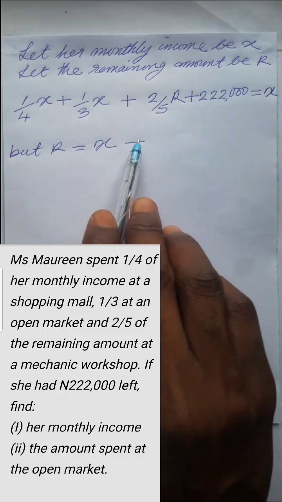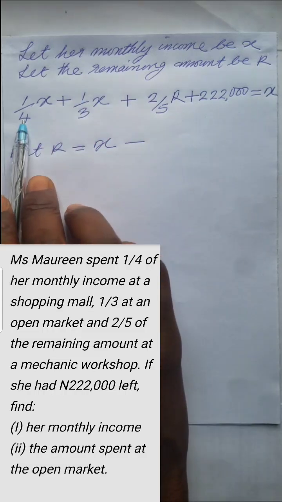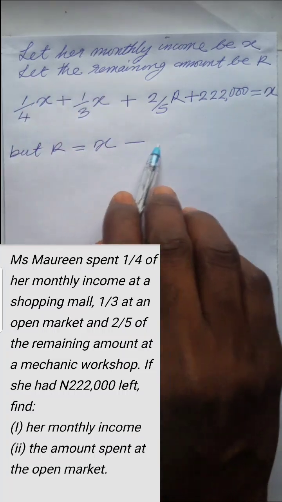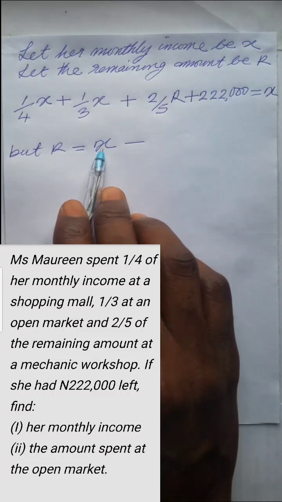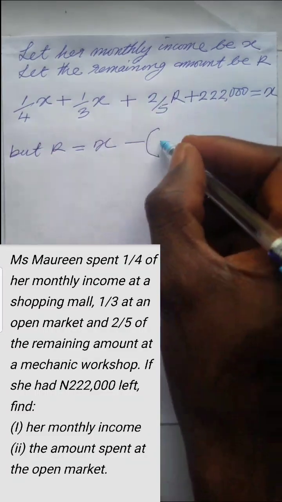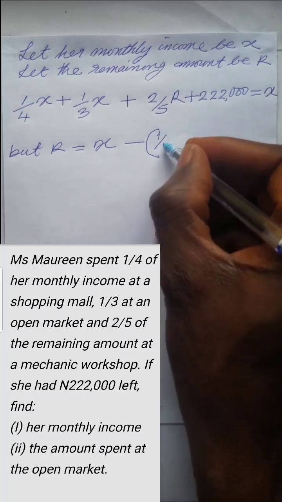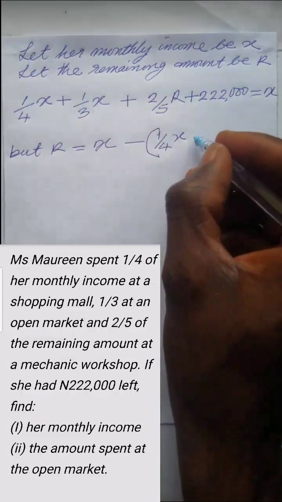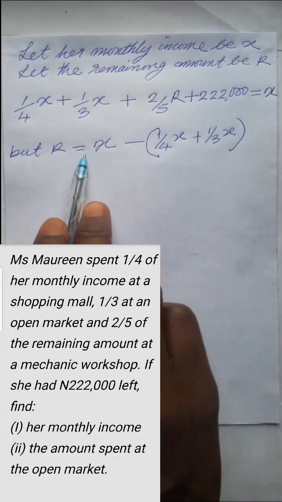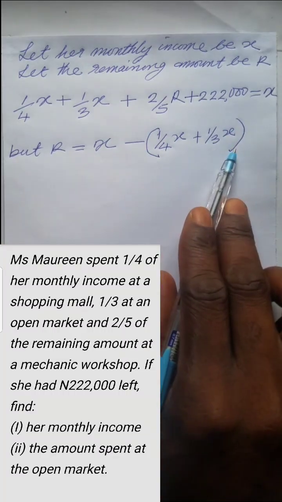So I'm going to, the first part she spends at the shopping mall, add that to the second part she spends at where? The open market. Once you subtract that from her monthly income, you are going to have what remains. So I'm going to do this minus this one, this guy here, and this guy here. This is the remaining amount. I hope I'm making sense.